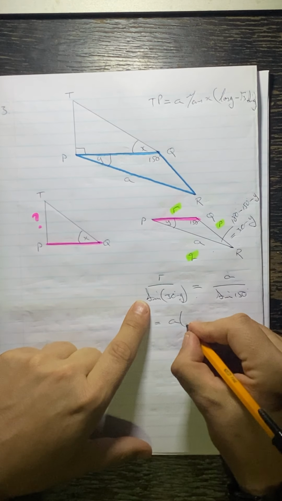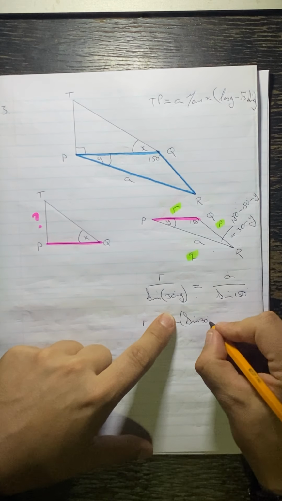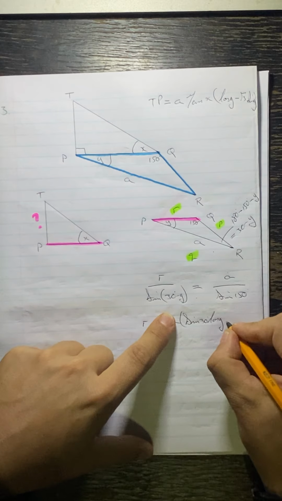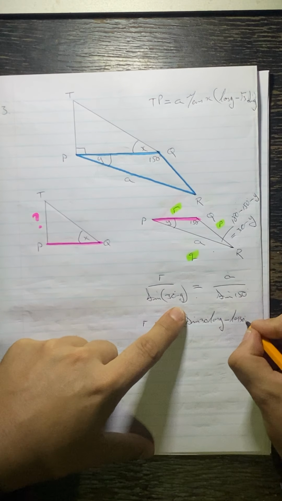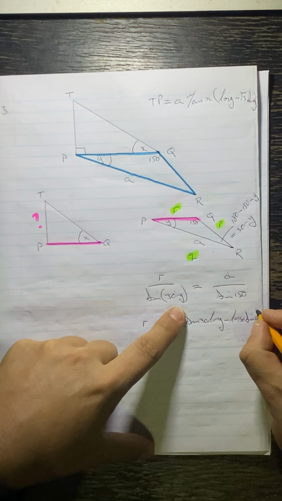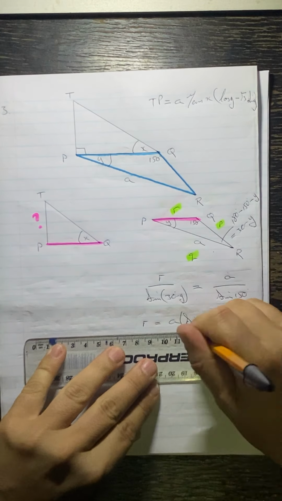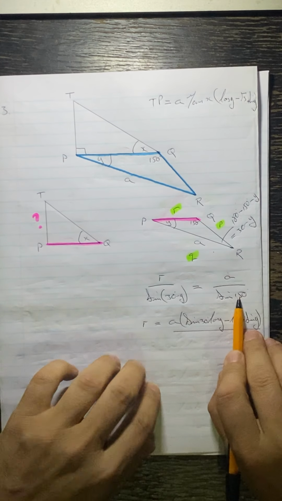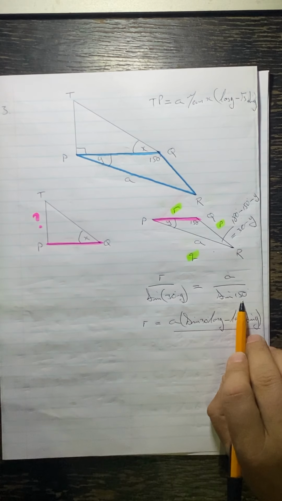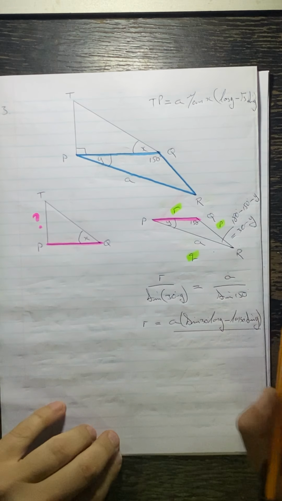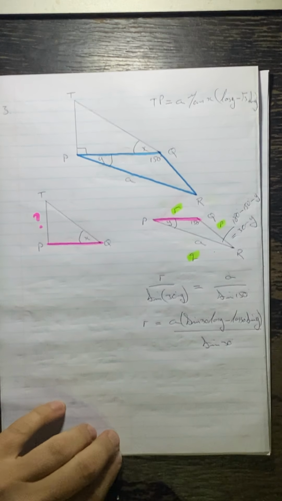So we get here sine 30 cos y minus cos 30 sine y, all over, and this one I'm going to reduce. It's in the second quadrant, so sine is positive, and then we reduce that to an acute angle. So 180 minus that is 30. So we get sine 30 degrees.